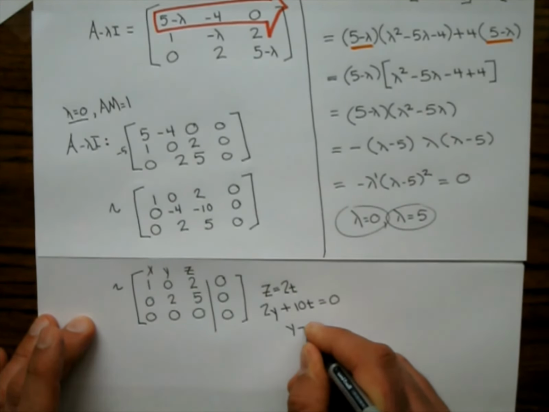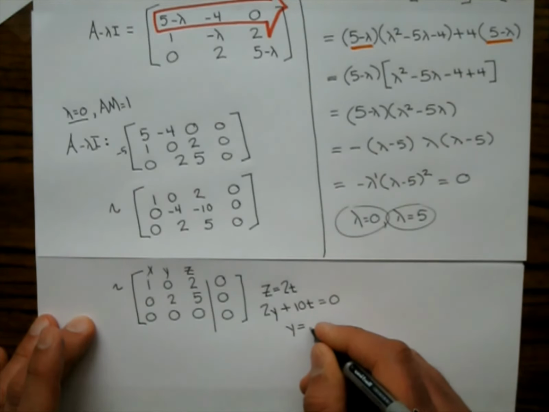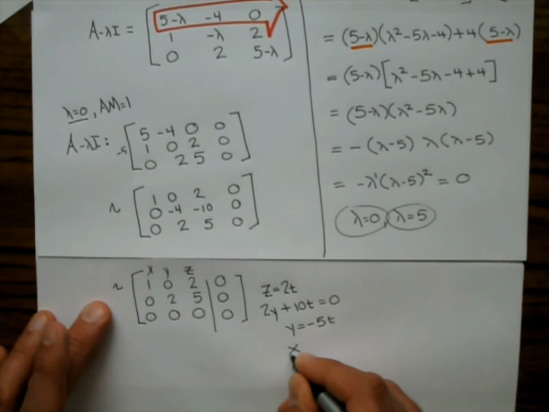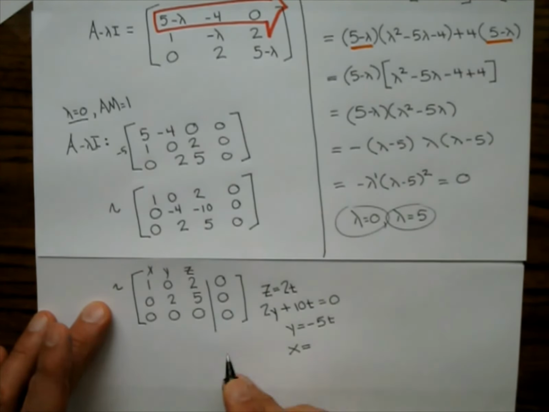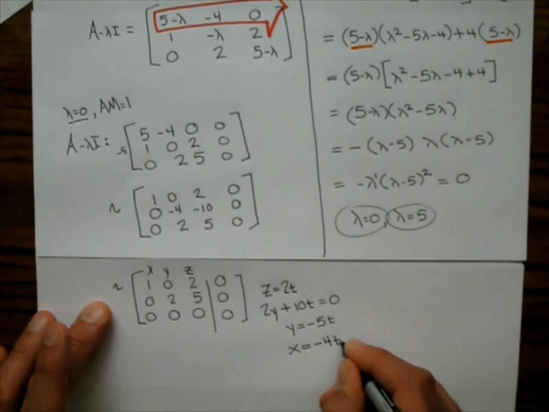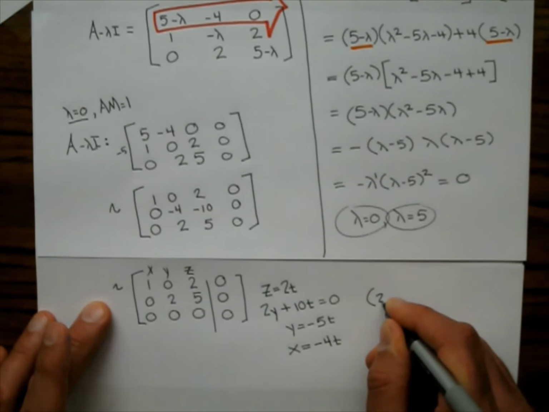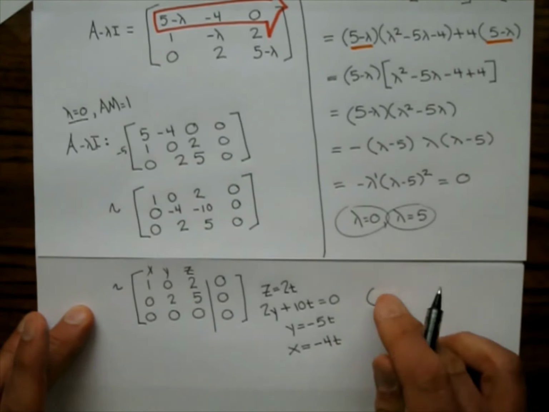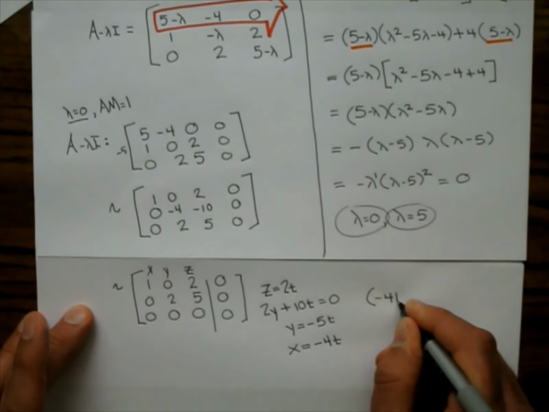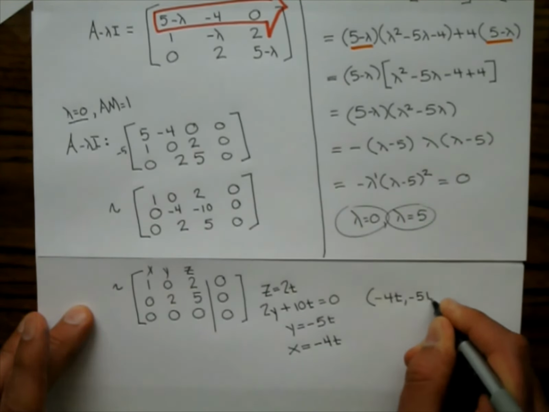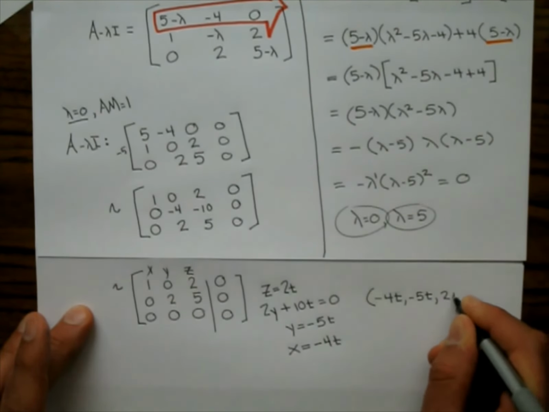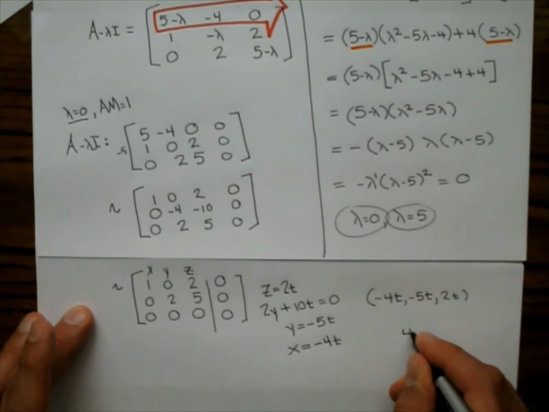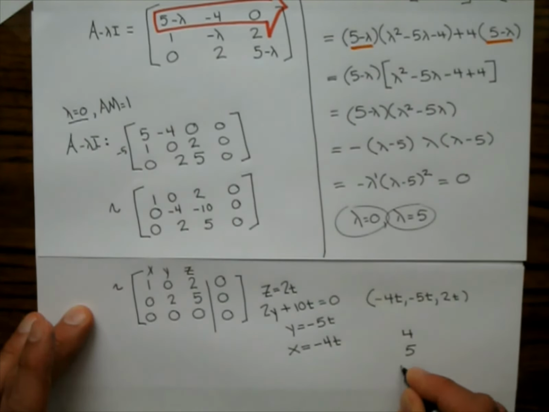So on this one I'm going to get y equals negative 5t. And then of course from the first equation x is going to equal negative 4t. So I have negative 4t, negative 5t, then 2t. And I don't like all those negatives, so I'm going to scale it so it says 4, 5, negative 2.